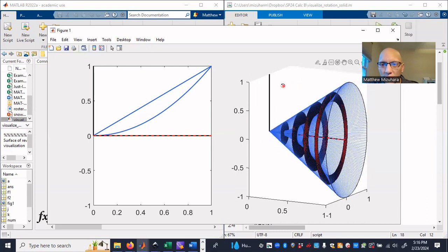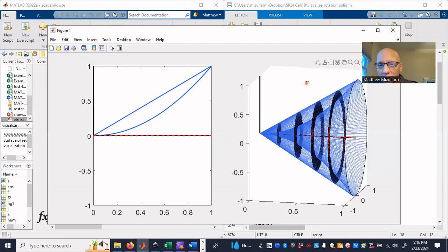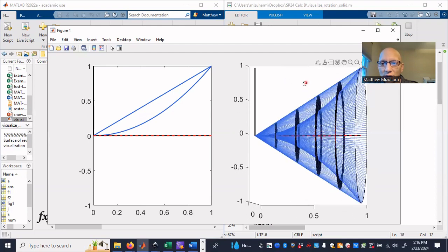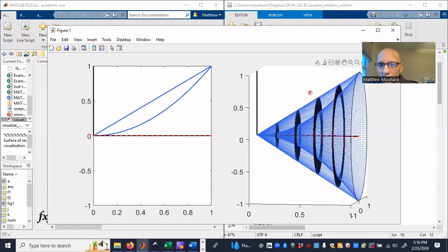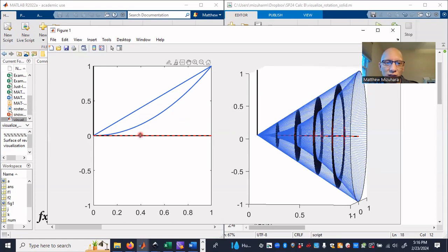If I want to know the cross-sectional area here, I need to again calculate the area of the circles. I have two circles now: an outer circle, and I'm going to subtract the inner circle area. What is the radius of that outer circle? It's the distance from the red line up to the top, that straight line, y equals x.